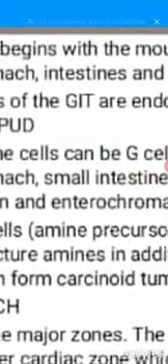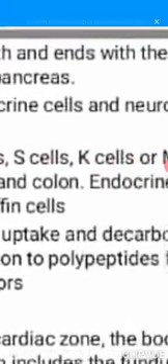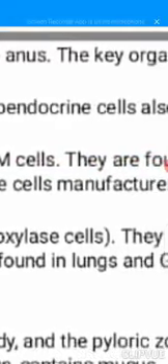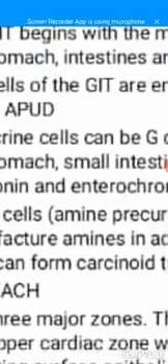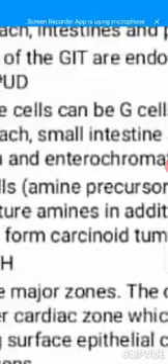Now, if these cells become problematic, this will result in what we call a carcinoid tumor.